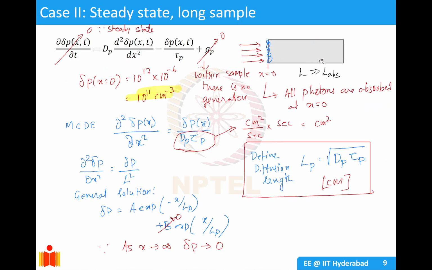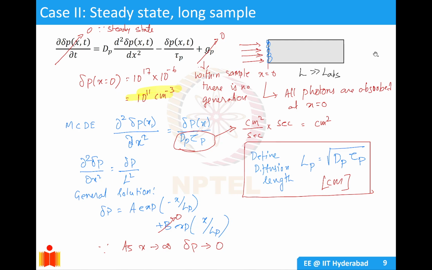Now we take another case, which is steady state but with a very long sample. So what is a long sample? A long sample is a sample where the length is much higher than your diffusion length as well as the absorption length. So the light that you are shining is not getting absorbed everywhere, it is only getting absorbed at the initial range.